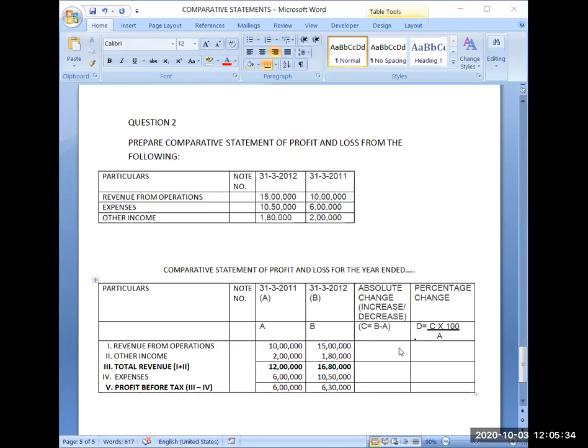Now again the same process, B minus A. It will be 5 lakh. 1,80,000 minus 2 lakh: now it is decreasing, so that's why it will be written like this, 20,000. Then 16,80,000 minus 12 lakh will be 4,80,000.